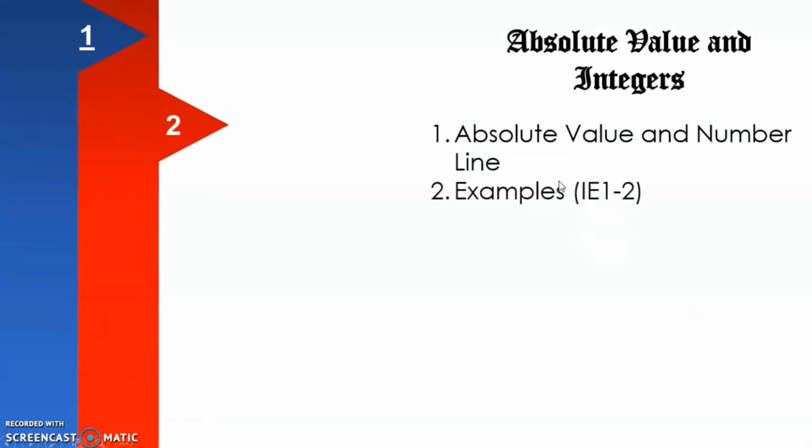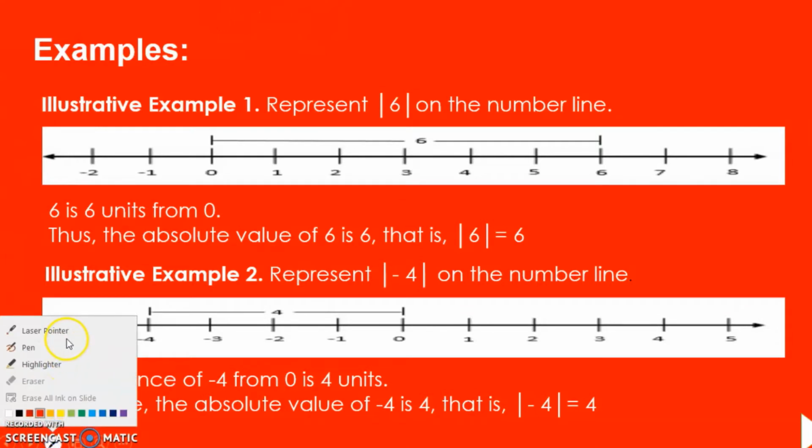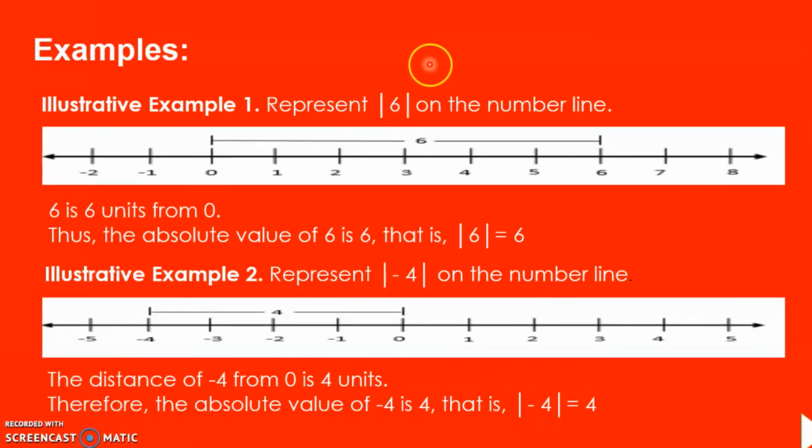The next one is the examples of the absolute value and the number line. Let's have illustrative examples 1 and 2. On example 1, we are asked to represent the absolute value of 6.